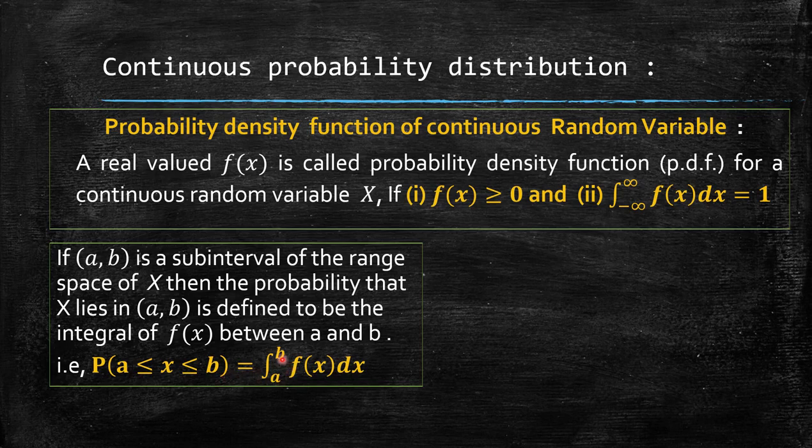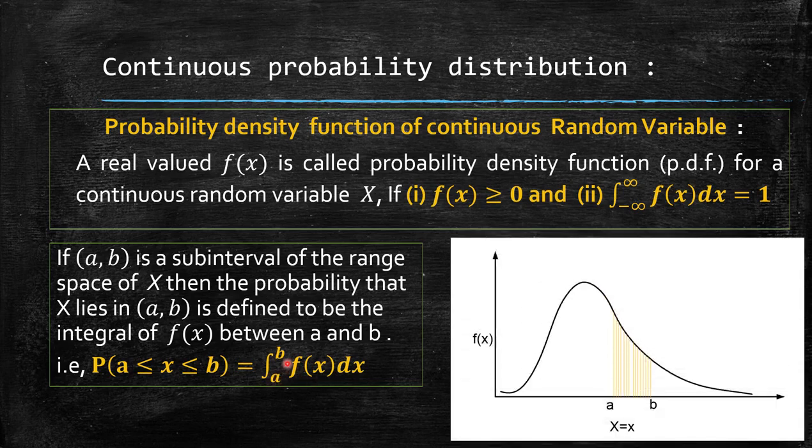So here it is integrating f of x between a to b. For example, if you have f of x, this is the graph which we have taken. So it is a probability density function. Then integral between a to b is nothing but probability of a less than or equal to x less than or equal to b.